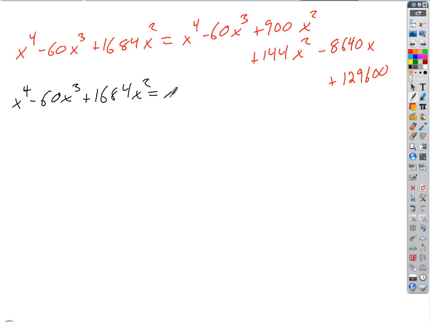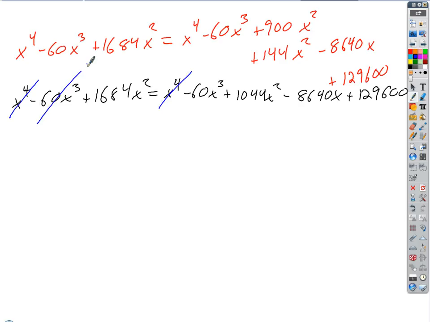Right side, x to the fourth minus 60x cubed plus 1044x squared minus 8640x plus 129,600, right? So let's collect everything on one side, and look what happens. Some good stuff happens. Look at that. What do you know, right?